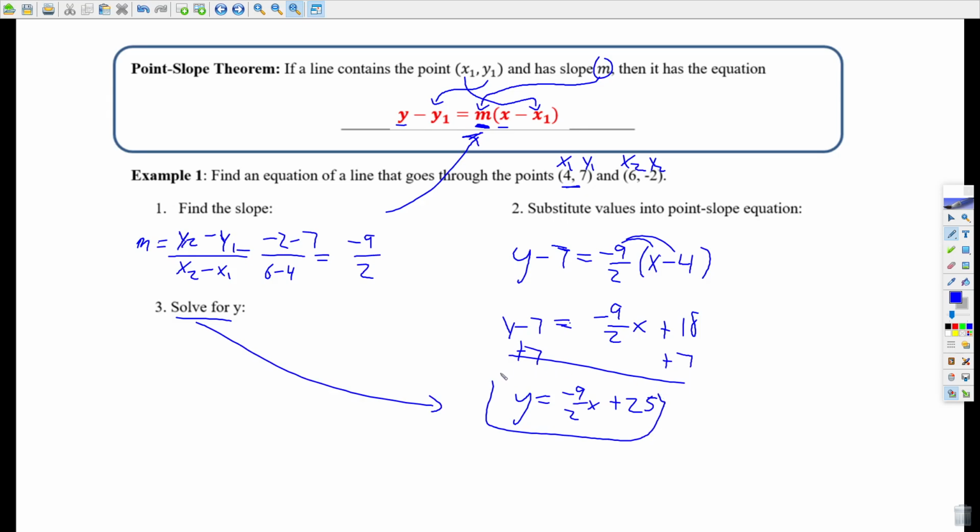So now it's in slope-intercept form, and we would be able to graph this easily. We'd start at 25, we go down 9 blocks over 2. So that is the equation to go through these 2 points. So when we would graph this, we would find that these 2 places here would be dots on our graph. But, well, if we drew the line, it would go through those points.